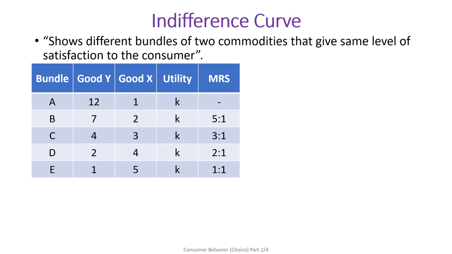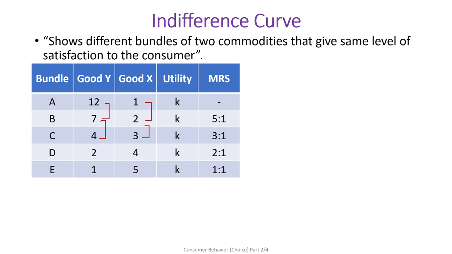However, there is another interesting thing to note. From bundle A to B, we increased X by 1 unit and dropped Y by 5 units. From bundle B to C, we increased X again by 1 unit and decreased Y by 3 units.